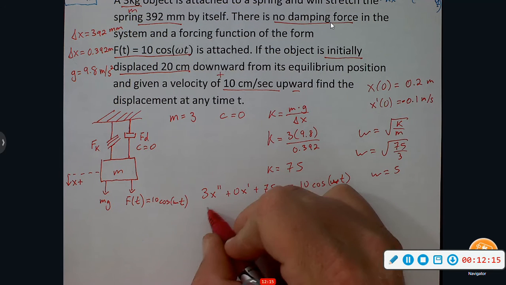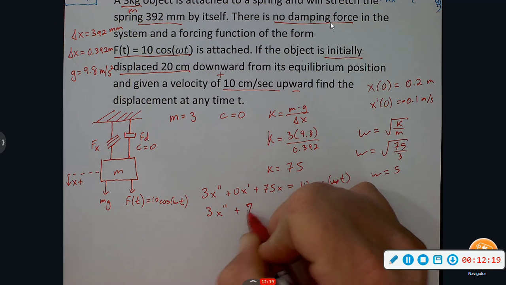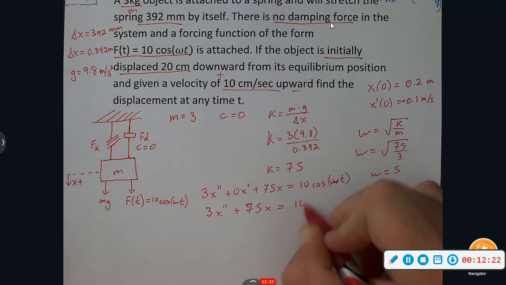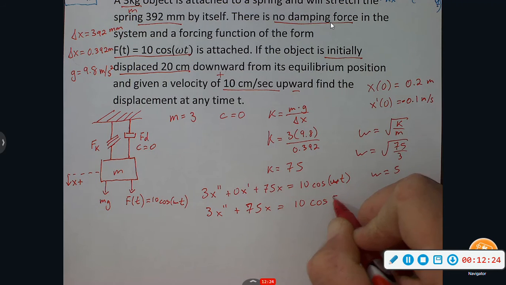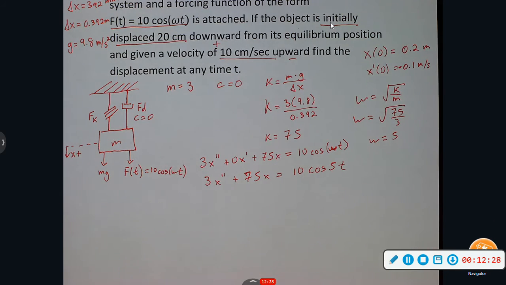So let's rewrite this. 3x double prime plus 75x equals 10 cosine 5t. Alrighty. Can I divide by 3? I think so.